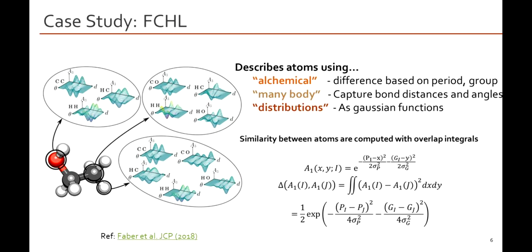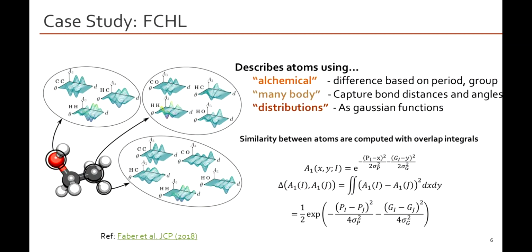And I can describe it via this Gaussian, where I have changes in position or changes in value the farther I deviate from the period or the group of that atom. Now, if I want to calculate its similarity to another atom's environment, I can take this overlap integral, where you note I'm integrating over these variables x and y, which I just told you have to deal with whether this point is close to or far from the period.